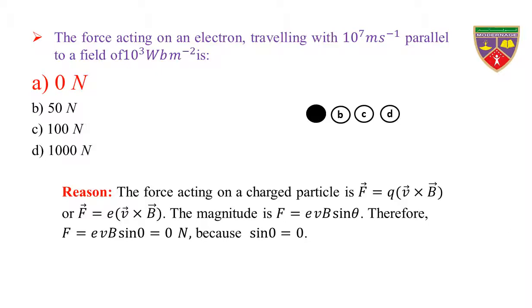Therefore, F = evB sin 0, because the electron is traveling parallel to the magnetic field. Theta is equal to 0 and sin 0 is equal to 0. Therefore, F = 0 Newton. Hence, the force acting on the electron is 0 Newton.